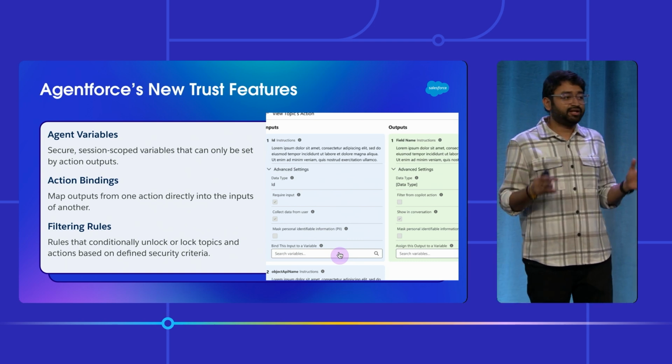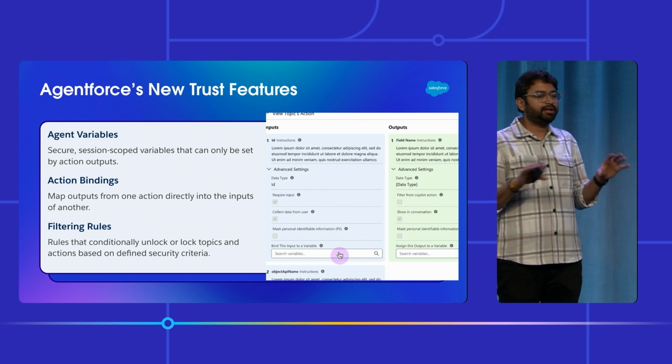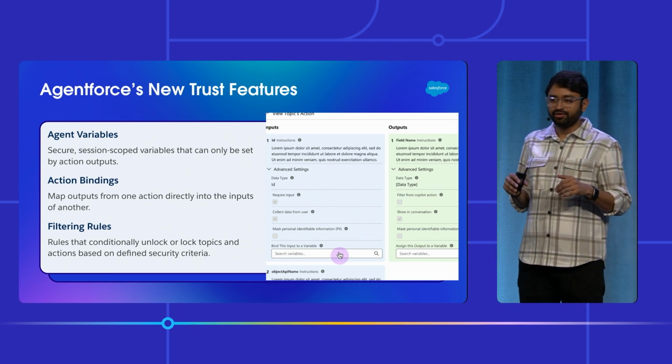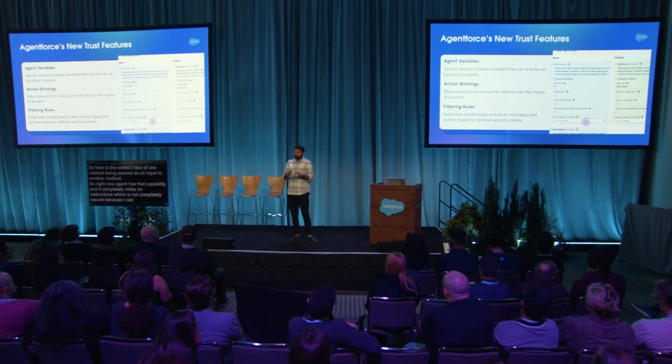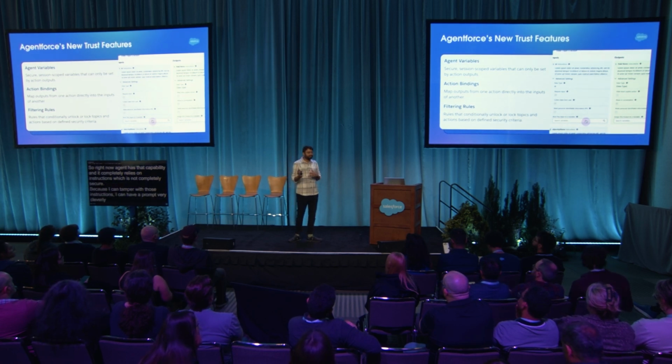Right now, the agent has that capability, and it completely relies on instructions, which is not completely secure because I can tamper with those instructions. I can have a prompt very cleverly crafted that will pass in the contact ID that I want. So to prevent that, you assign that contact ID to a variable, and that variable is bound to the other action. In the demo, it will become much more clear.